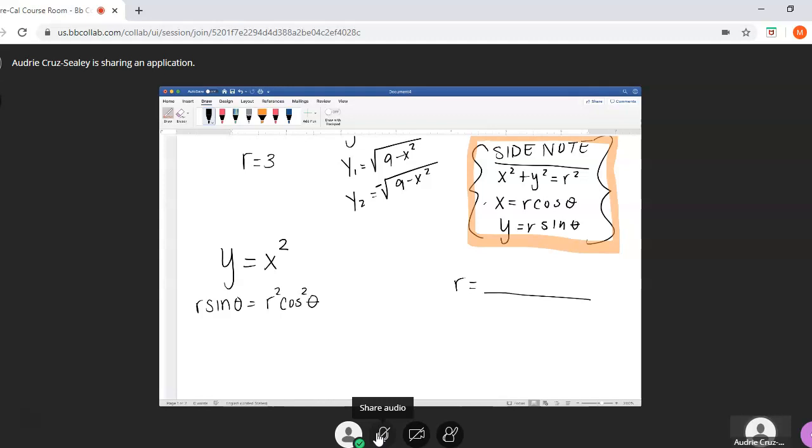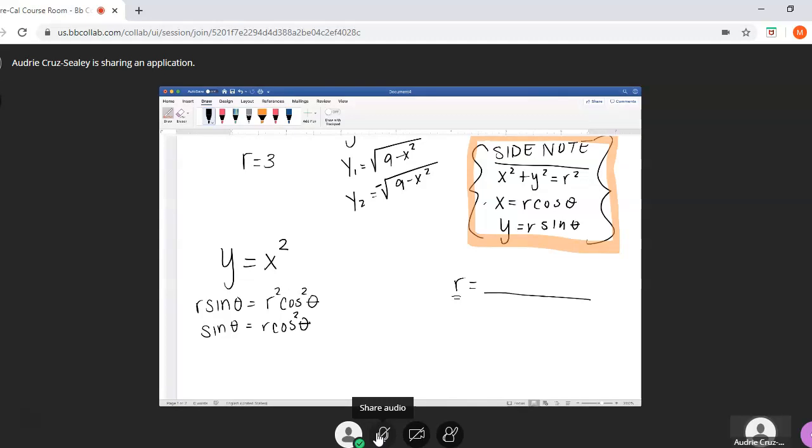Yes, no, maybe? Okay. I'm trying to get R by itself. Like I want just one R. So I'm going to divide both sides by R. There's an R on both sides. And I get... Oh, wait. The square's still there. Nobody stopped me.